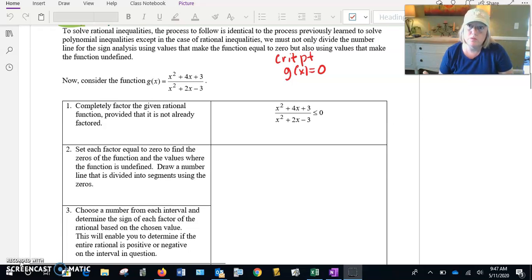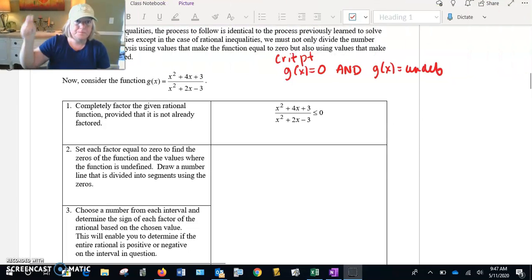Then we would add them to our sign chart for our sign analysis. But now that we have rational functions, anytime that g of x is undefined, we also consider those critical numbers. So we do want to make sure that we are paying attention to those values as well.